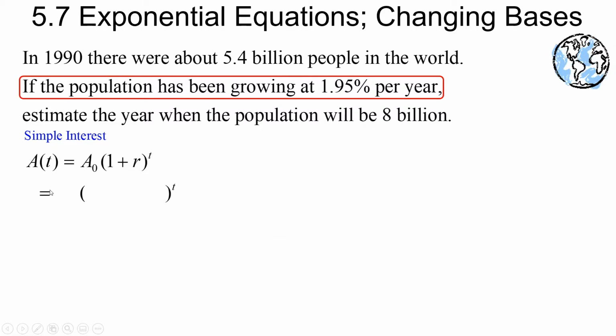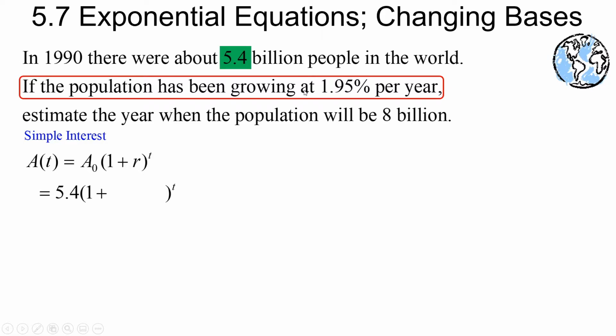Okay, so let's put in what we know. A of t equals, and in 1990 there were 5.4 billion people in the world, so let's just call A sub 0 5.4. Then we have a growth rate of 1.95%, so we're going to go 1 plus, and then write 1.95% as a decimal by moving that decimal place 2 places to the left.